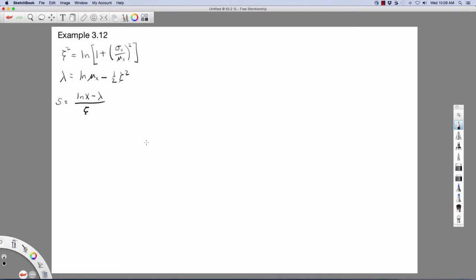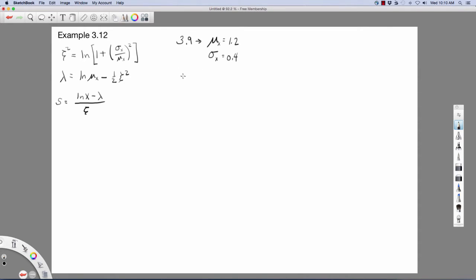Now example 3.12 asks us to use the same data and the same questions, but to model it as a log normal random variable. Since we were given the parameters of the normal distribution in 3.9, the data was the mean was 1.2 and the standard deviation was 0.4.